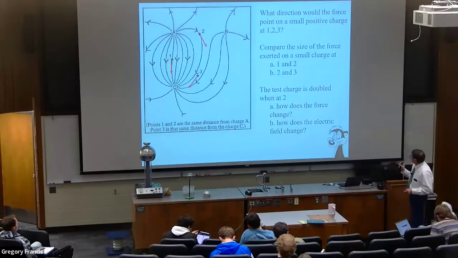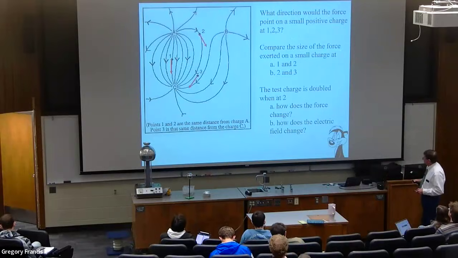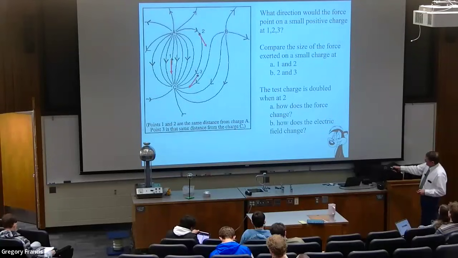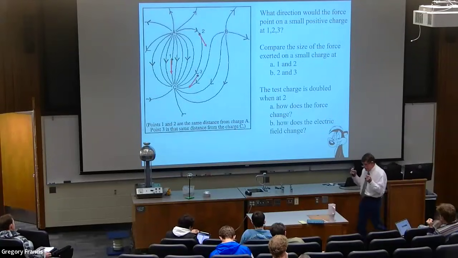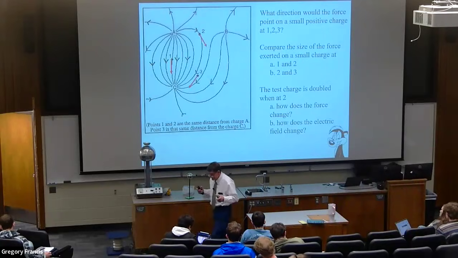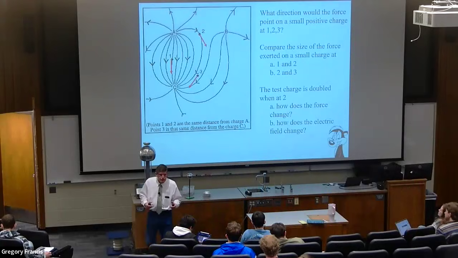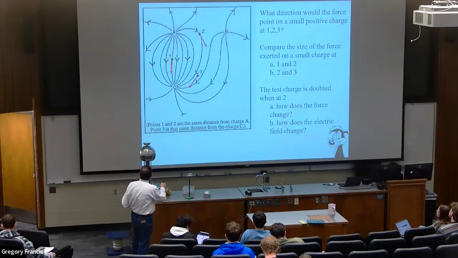Now, if I have this small positive charge, how would I compare the size of the force on that charge at 1 and 2? Well, this is what really is tragic. I'm an old man, and I've seen this over and over again. On exams, students tend to say, oh, I got a lot of field lines coming out of that, that's a big positive charge.